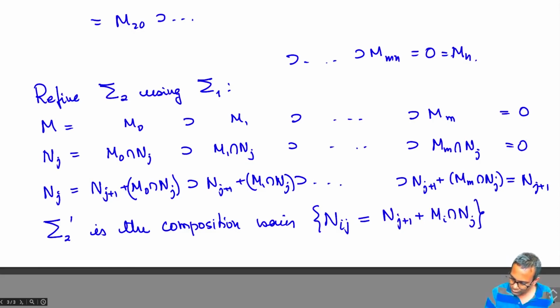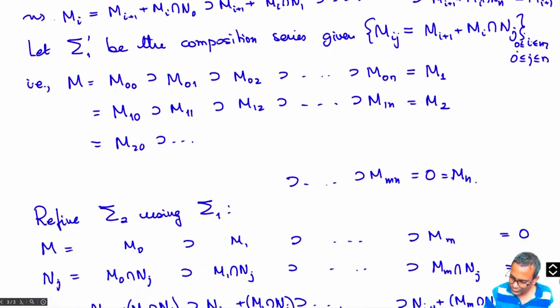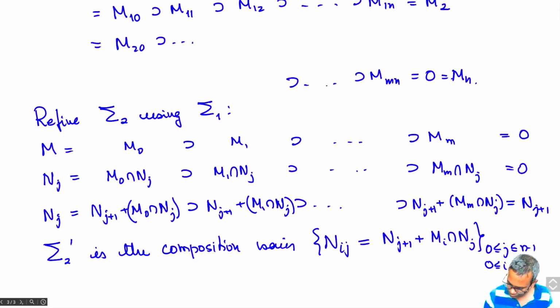And now we first run over the index j, and within that we run over the index i. So 0 ≤ j ≤ n-1, 0 ≤ i ≤ m-1.